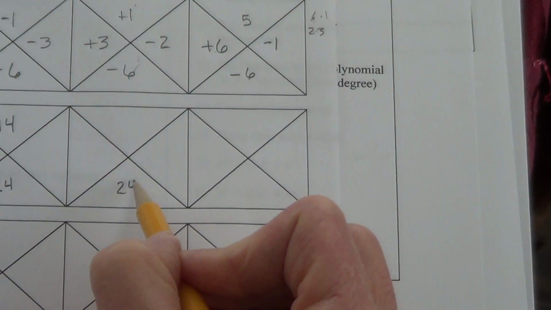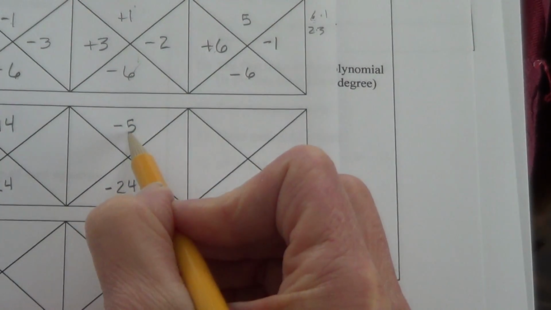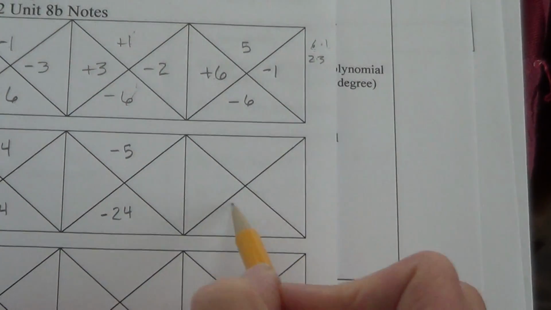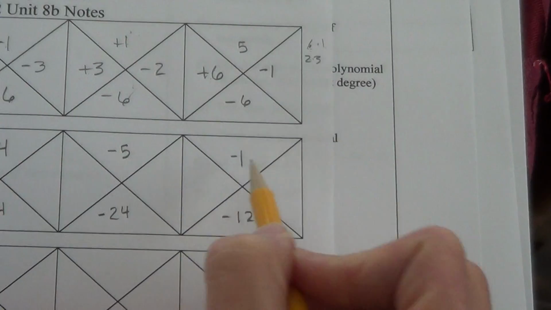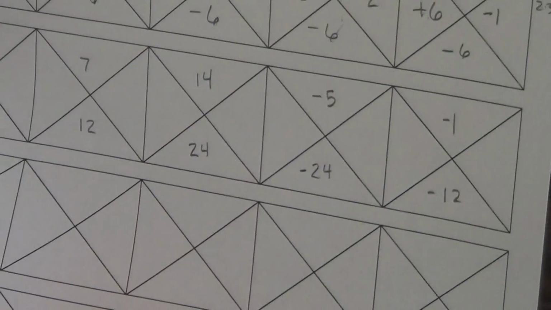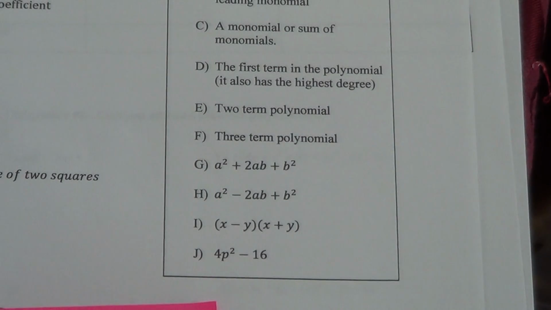Go a -24 and -5. And let's go a -12 and -1. So fill those in and bring your answers in when you come to class, and let's check those.